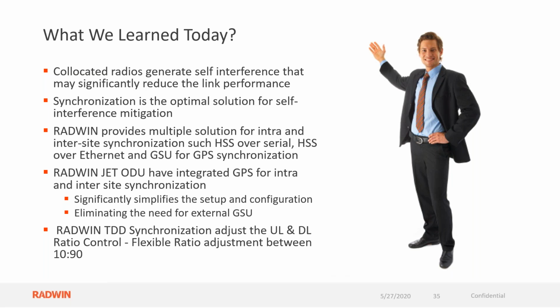Now, what happens if the master clock is dropped or shut down? In this case, there will be no clock. There will be no synchronization, and all of them will be what we call free running.